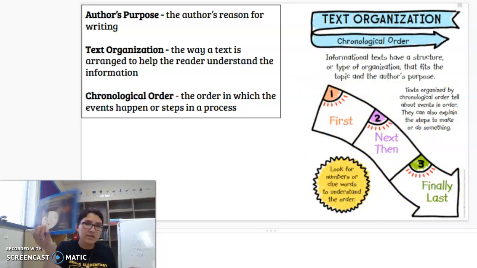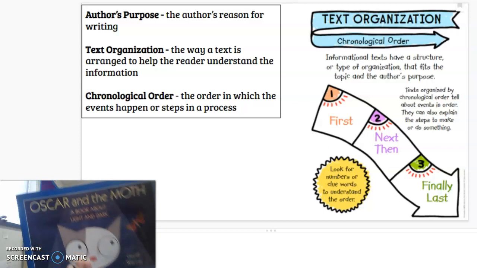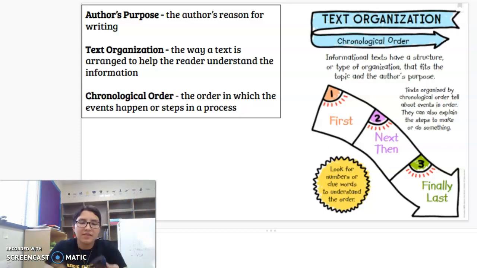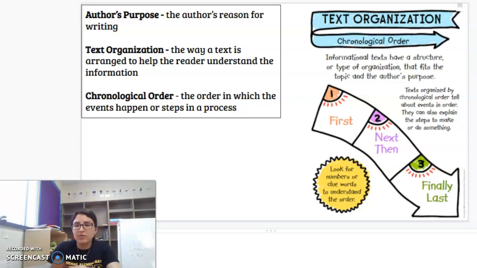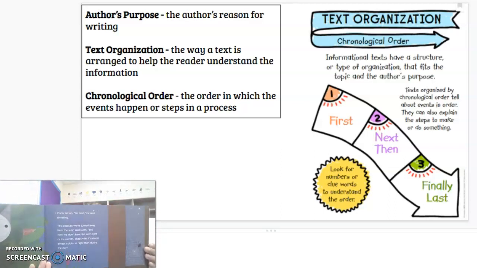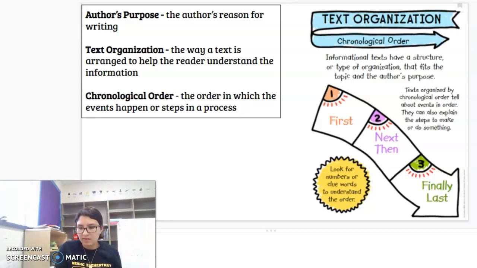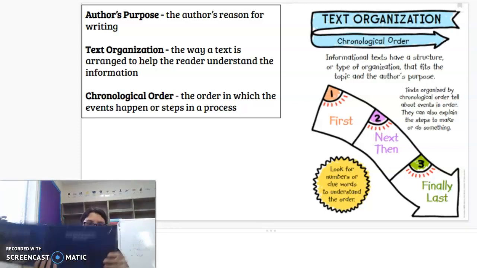So this book right here, the one from yesterday, Oscar and the Moth, if you think back, Oscar is a cat, and it starts off with, one summer evening, Oscar lay on the warm back step. So evening, okay? That's how it starts off. And throughout the book, it then goes to night. Then it gets a little bit later. It gets a little bit darker.